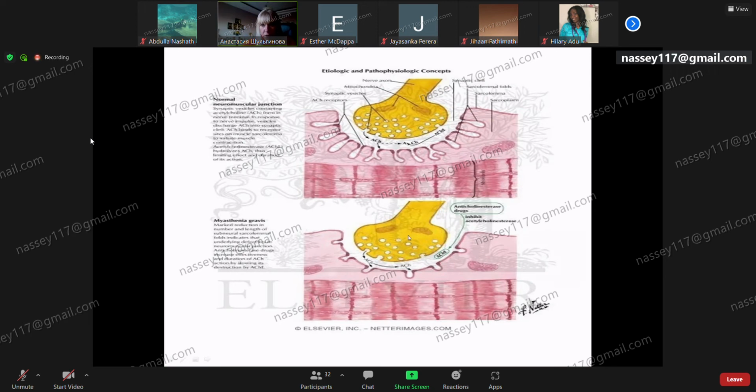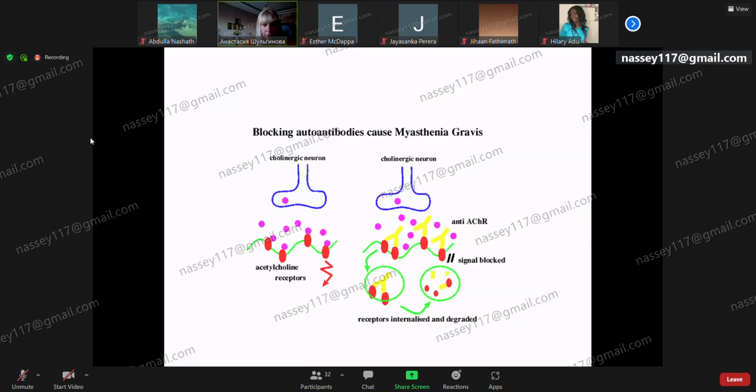Due to this, we see the clinical presentation. Another illustration of the blocking antibodies that cause myasthenia gravis. This is the same that we saw before, but in another picture.